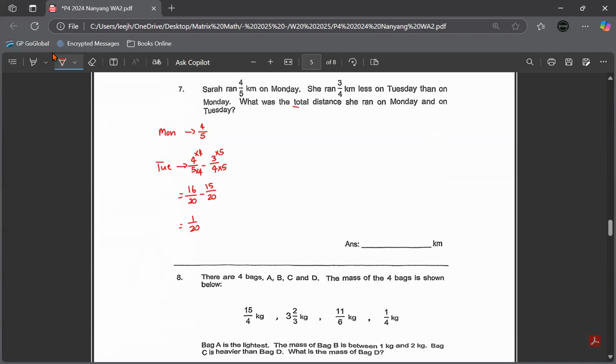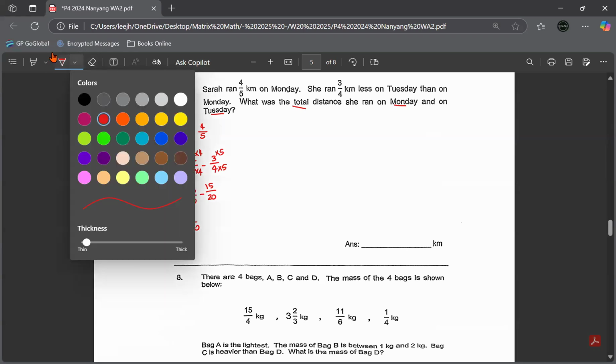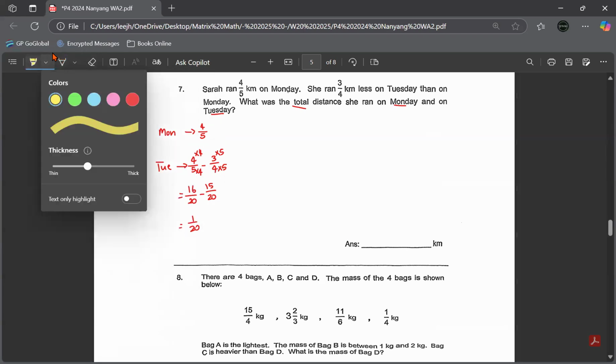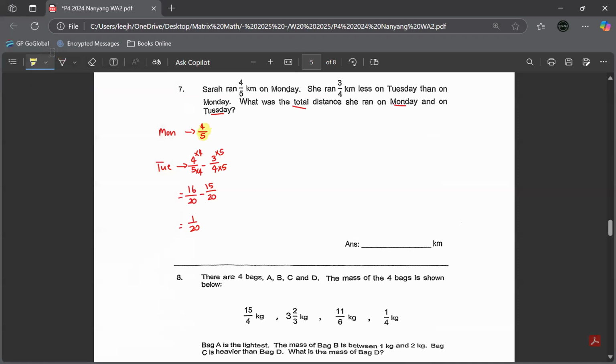And we have to find the total distance on Monday and on Tuesday. We know that Monday she ran 4/5. Tuesday we found out she ran 1 over 20. So I want to find the total. I take 4/5 plus 1 over 20. Same thing, 5 can change to 20, you times 4.